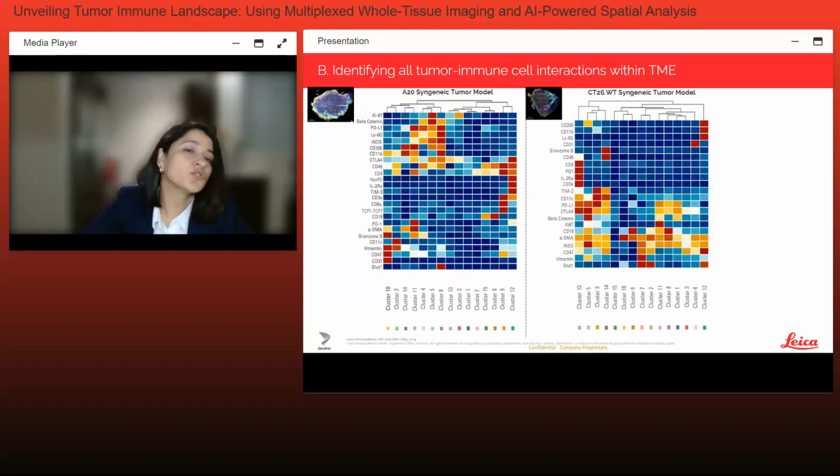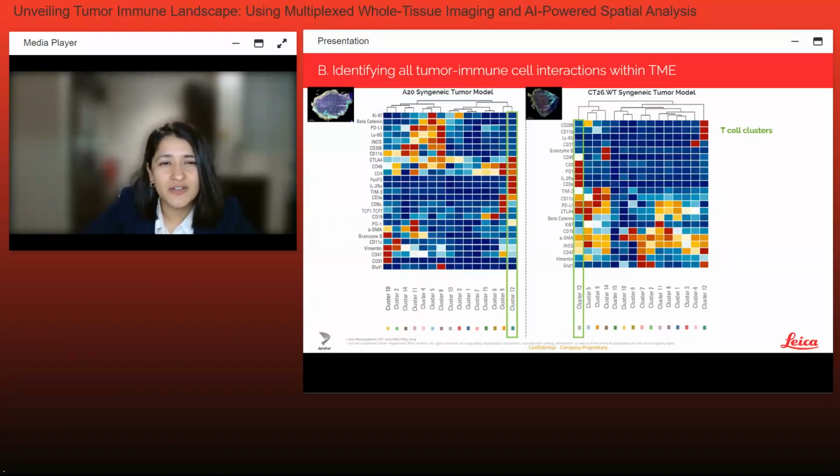And using unsupervised clustering on AVIA, which uses the PhenoGraph algorithm, it is possible to identify clusters of immune cell populations and their interactions within the whole tumor tissue. Here we can see how we can utilize all the markers and identify key interactions and immune cell clusters. One such immune cluster is highlighted in green.